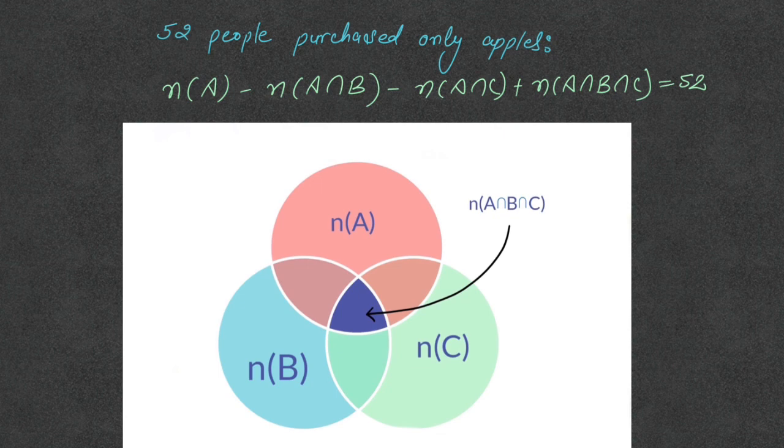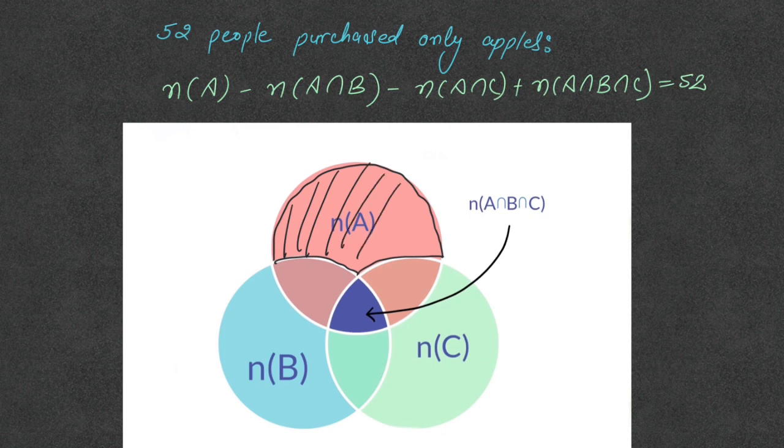Let's understand this visually. This region is the region of apples, this region is of bananas, and this region belongs to cherries. In the information we got, 52 people purchased only apples. So we are talking about a region which is only for people who belong to this region. So 52 people should belong to this region.